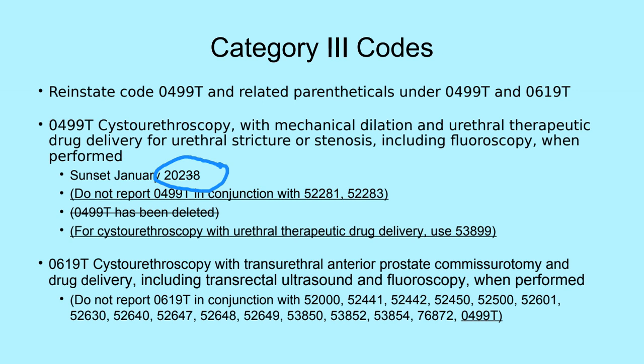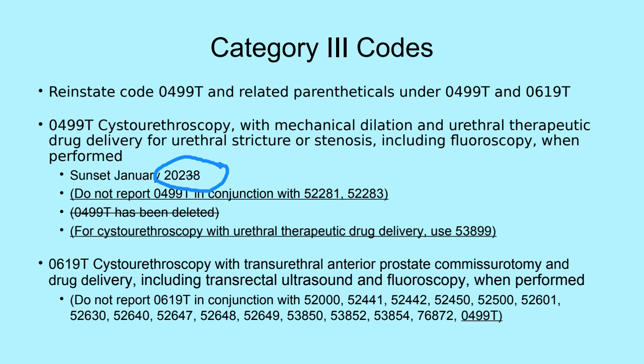Okay, and also added to that is a parenthetical: do not report 0499T in conjunction with 52281, 52283. And of course, the line for 0499T has been deleted; that's crossed out. It also says for cystourethroplasty with urethral therapeutic drug delivery, use 53899.